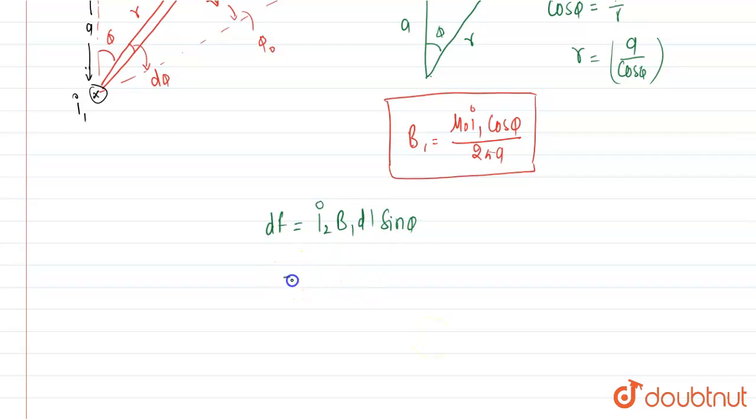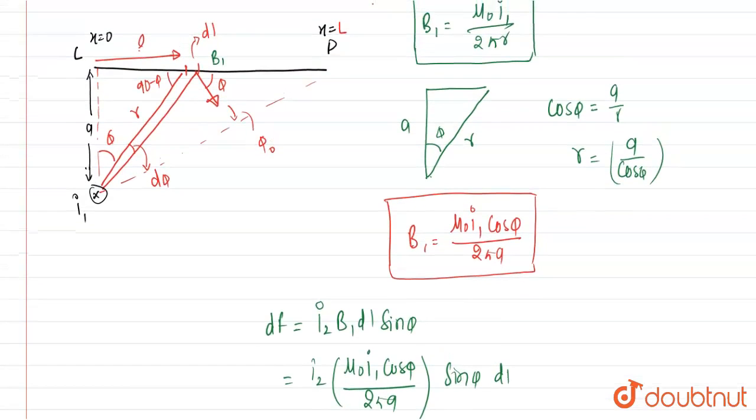So I2 B1 is equal to mu naught I1 cos phi upon 2 pi a, times sin phi dl. Now we have to find the relation of dl in terms of the angle phi.